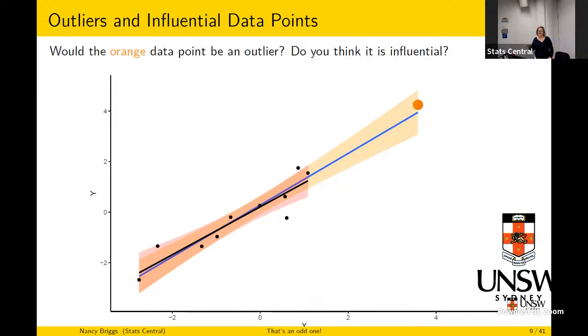And that's because the predicted Y value is about the same as the observed value for that extreme X value that we've observed. So even though this is a pretty clearly different data point than the rest of the data set, it actually doesn't change our regression line or estimates very much at all. So maybe it's not so influential, but maybe it's an outlier.